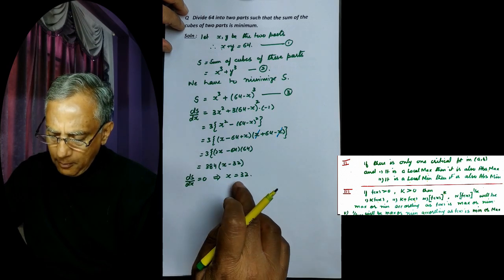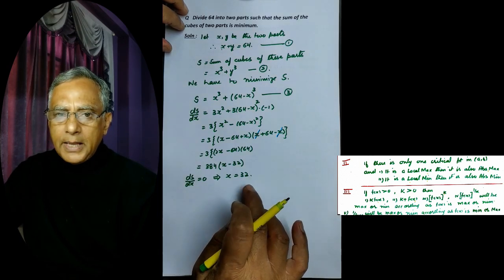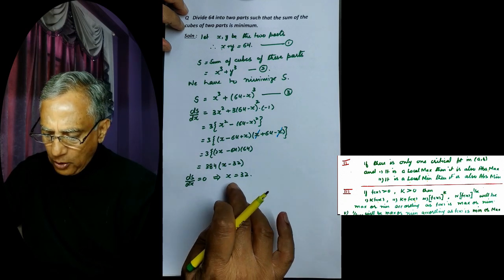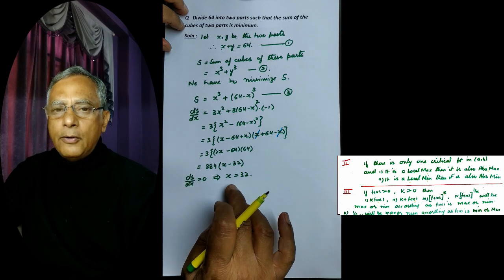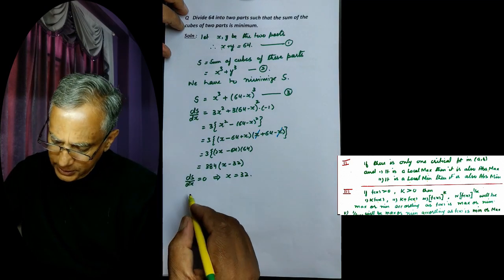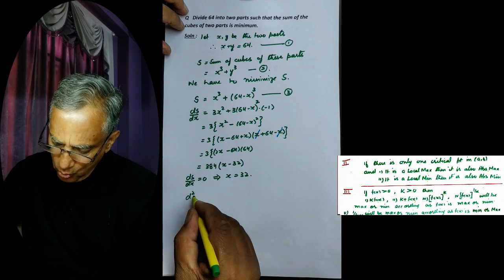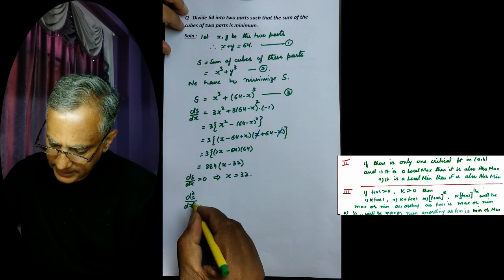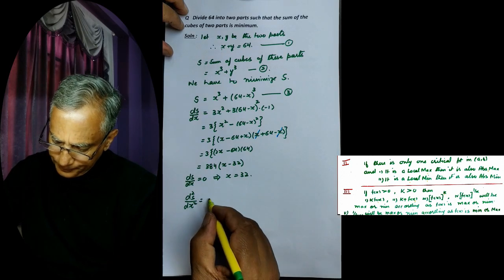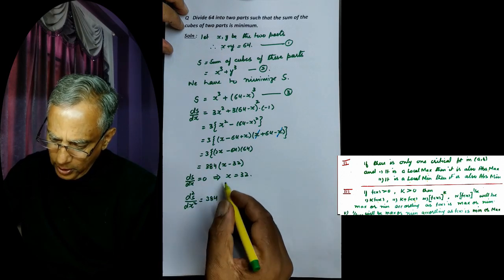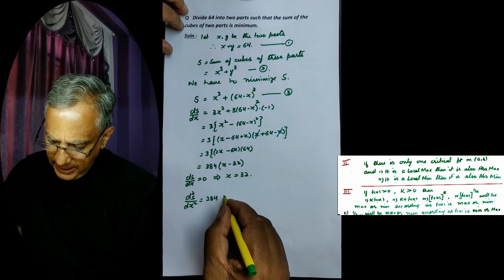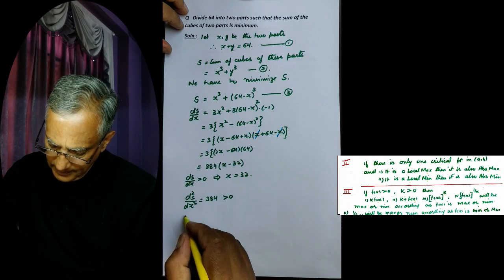Now if this critical point is a point of local maximum, then it will also be an absolute maximum. And if it is a point of local minimum, then it will also be a point of absolute minimum. So what we do is we find d2s by dx square. d2s by dx square is 384, which is greater than 0.